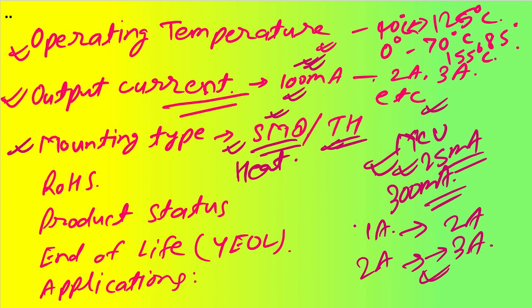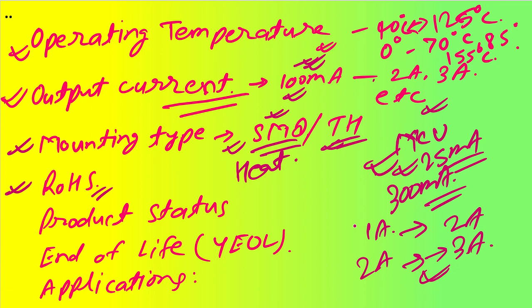Through holes are basically TO220 or DD pack, through hole DD packs and all those things. Now RoHS you must consider, the regulator which is compliant with RoHS, these days this is actually a requirement of IEC standards and all.